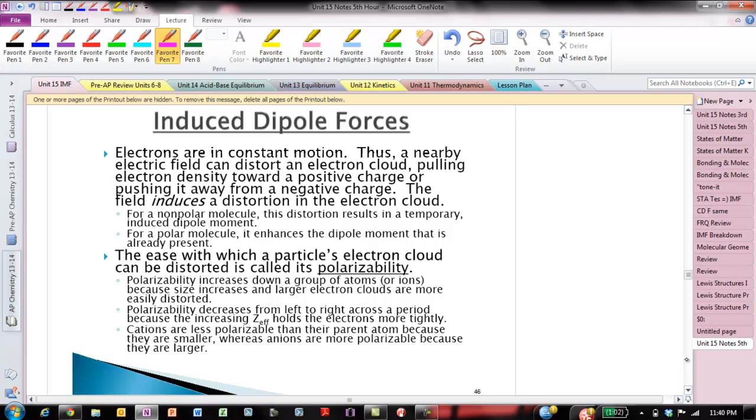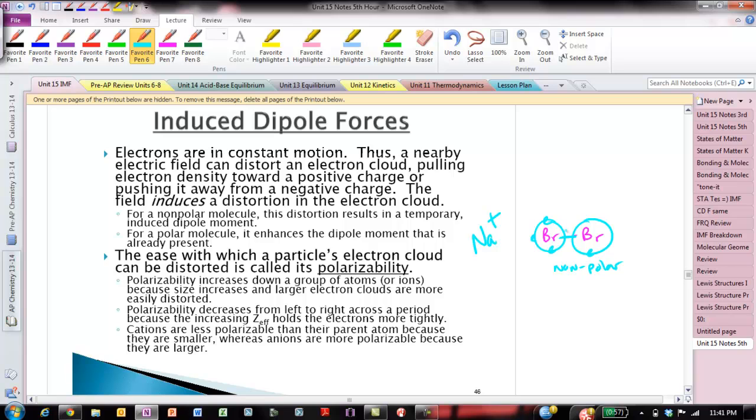The main way: if you have something nonpolar, let's say a Br with a Br, and we've got electrons on both sides, and nobody's really getting more than the other side. This is nonpolar. There's no side that's different. But let's say that we brought in an Na+. There are electrons floating around both the bromine atoms, the 1s2, 2s2, all those electrons sitting there.